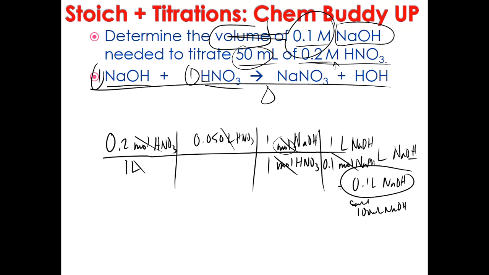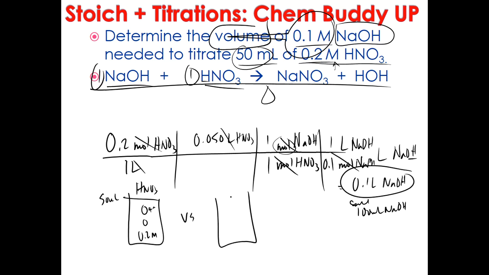Now why does that make sense? Well, think about this. You started off and you had 50 milliliters, right, of the nitric acid. And that nitric acid, if we keep it simple, had 0.2 piles of the hydrogen ions that are in there. 2 little tiny piles, right? 2/10 of a pile. Now I want to cancel that out with this stuff called the sodium hydroxide. When I do that, I recognize that I've got 0.1 molar.